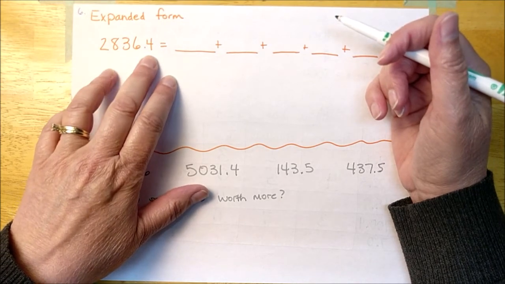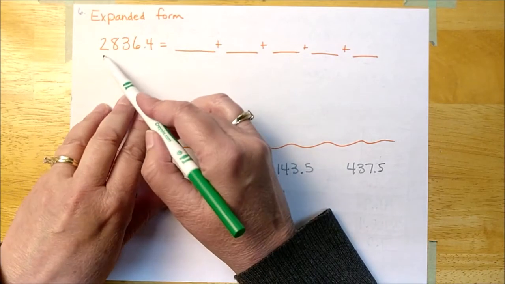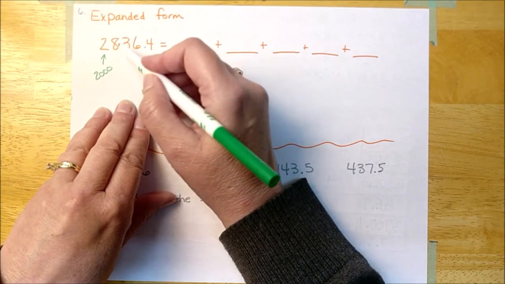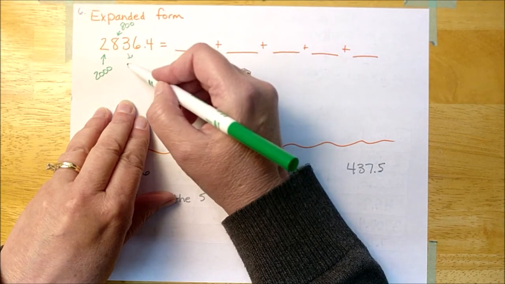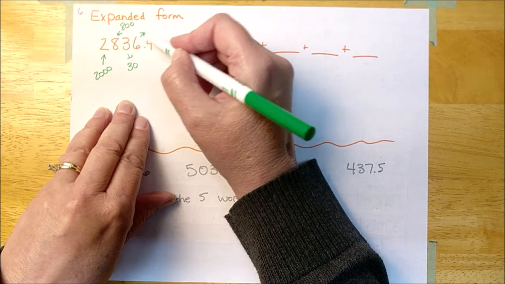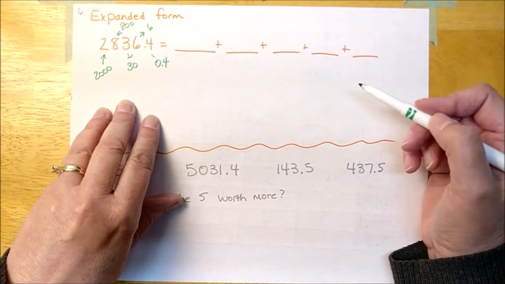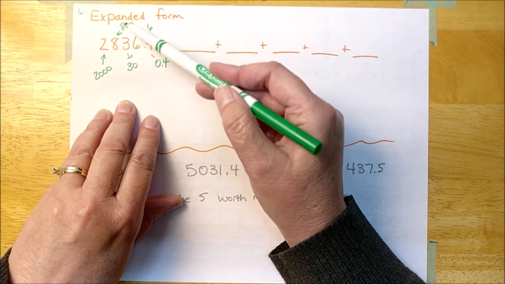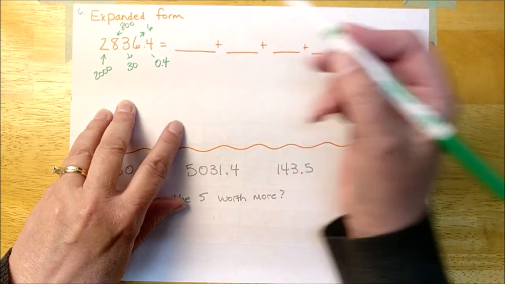So here's my number, 2,836 and 4/10. So when we break it into expanded form, we're going to take this number, and he is really worth 2,000. He is really worth 800. He is worth 30. He is worth 6, and he is worth 4/10. So those are all my parts, 2,836 and 4/10.